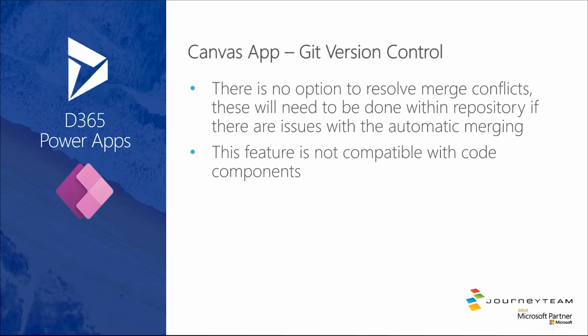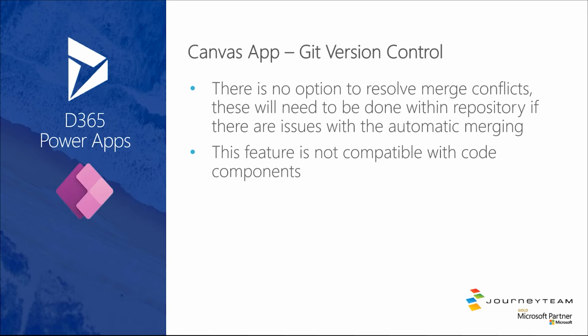There are a couple things to talk about with the Git version control. There are no options to merge or resolve merge conflicts within make.powerapps.com. It will do an auto merge, and if you need more control in that merge process, you can go directly to your source control and resolve those conflicts there. The other good call out is that this feature is not compatible with code components yet.